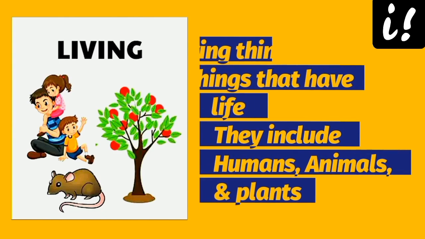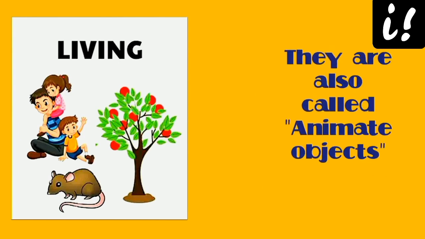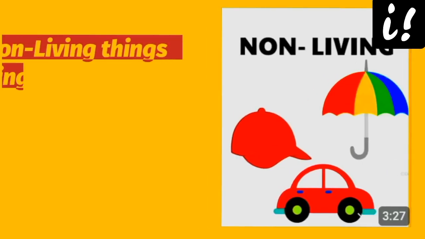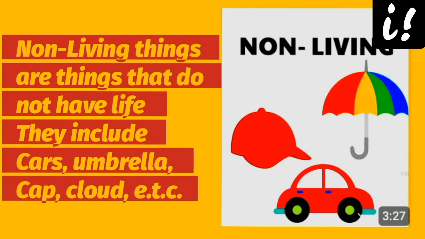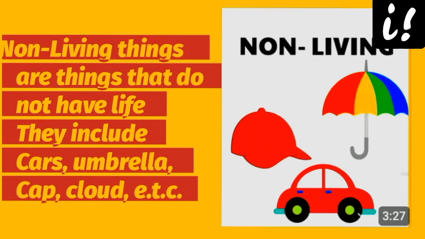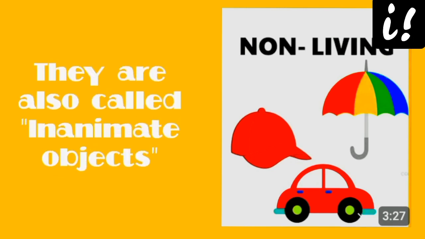They are also called animate objects. Non-living things, on the other hand, are things that do not have life and include cars, umbrellas, cap, cloud, etc. They are also called inanimate objects.